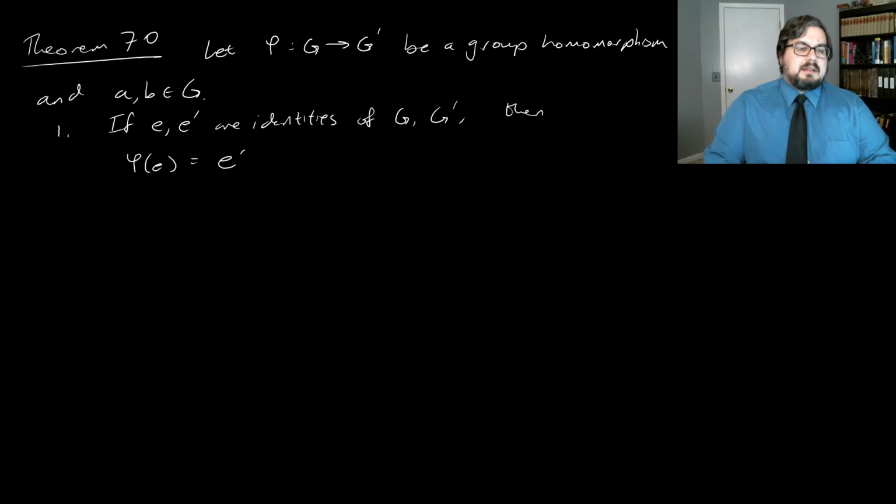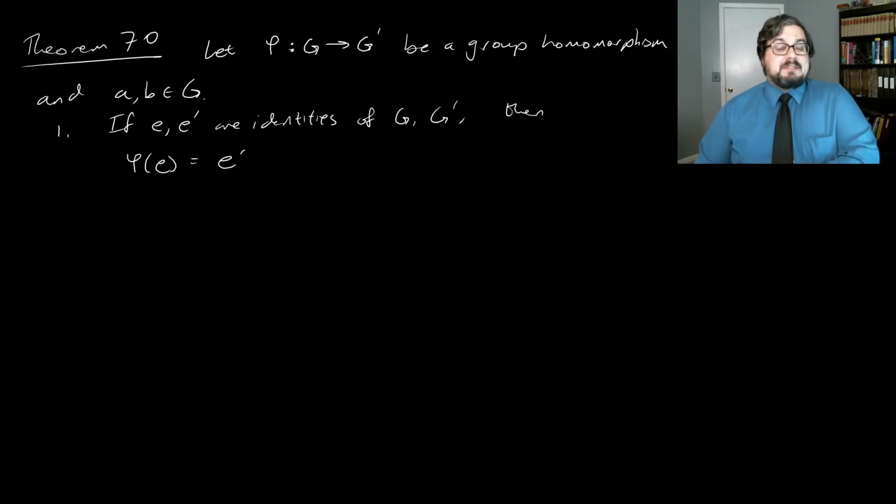So first of all, notice that now that I'm dealing with two groups, I'm making very explicit what the identities to them are. So far, we have been using E as our default notation for the identity of our group, but that's only safe when there's only one group involved. If there are two groups involved, there will be one identity for the first group and one identity for the second group, and we don't want to use the same symbol for them because they aren't the same element, and we don't want there to be any confusion about which one we are using.